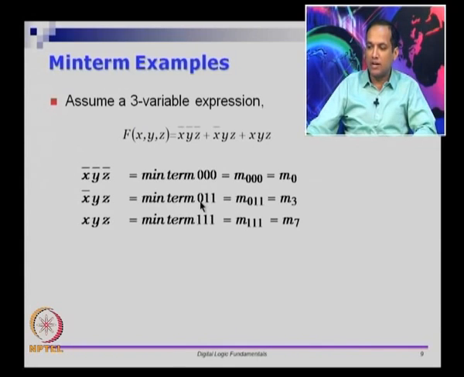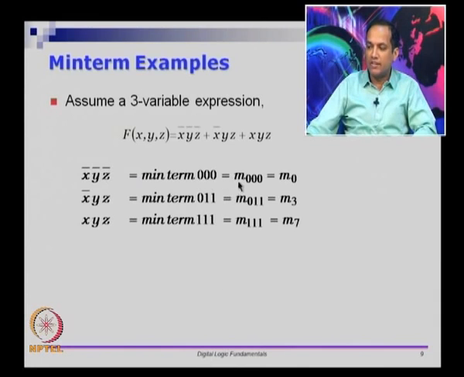Let us try and interpret this one. X should be in complemented form, y should be in regular form and z should be in regular form, and it is a min term, which means it is a product of these 3 literals x bar, y and z. That is what we have here. Finally, the last one has all of the literals in their uncomplemented version. So, it is x, y, z.